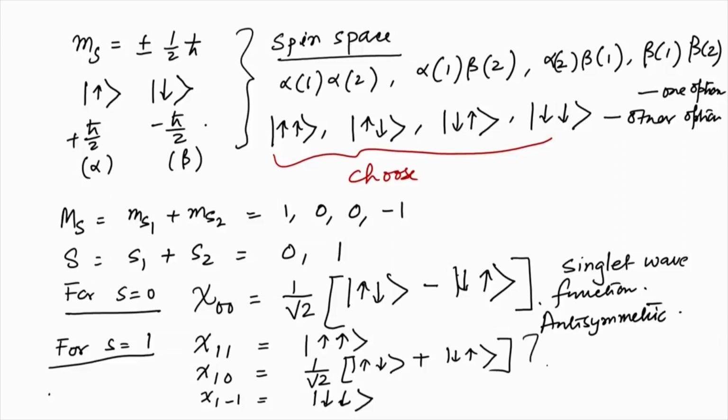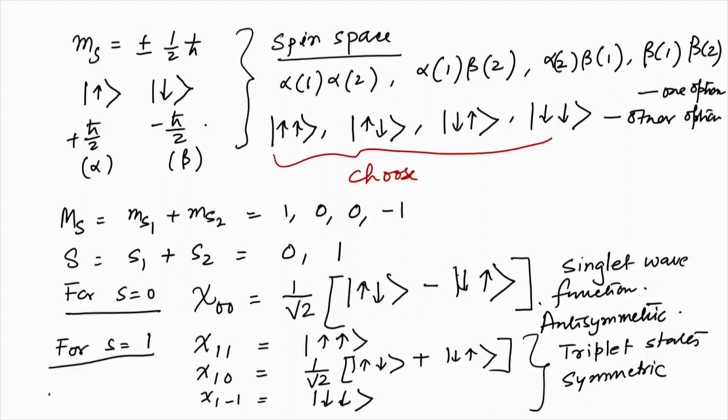All these are called triplet states, because there are 3 in number, and one can easily check that they are symmetric, because if the first particle is swapped with the second particle, the wave function remains the same.